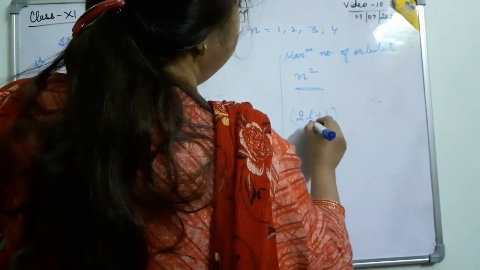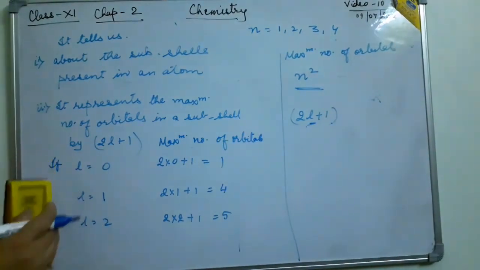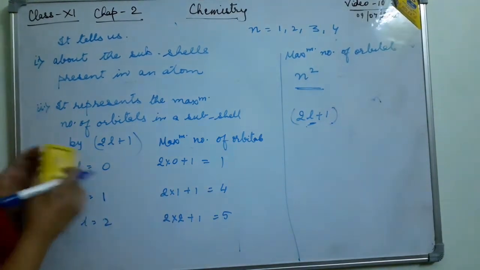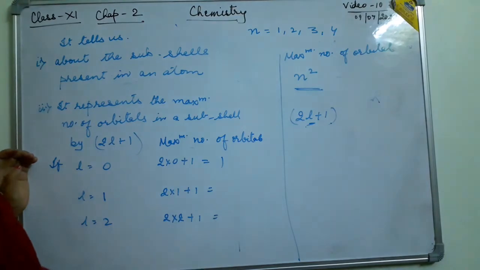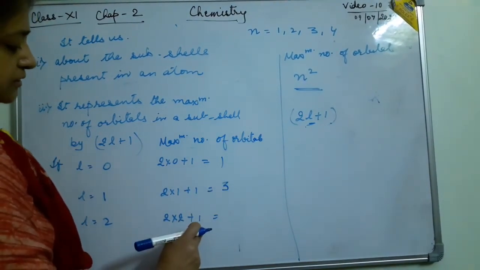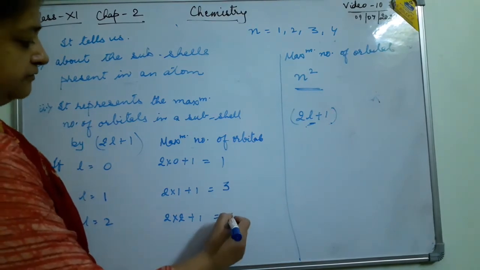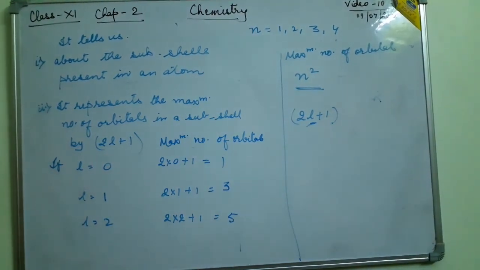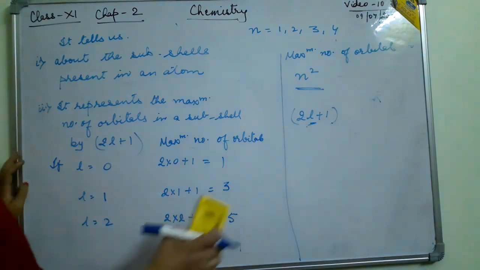If you know either quantum number, we can get the maximum number of orbitals.